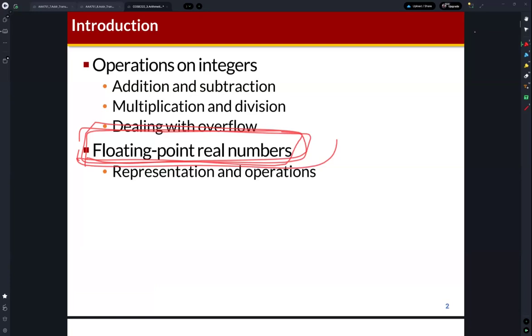For hardware arithmetic units, I briefly explain, because these topics were already covered by the digital logic design course.